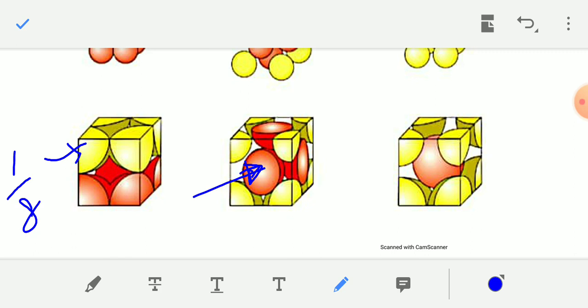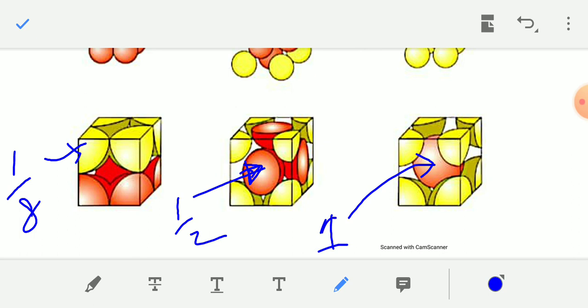So the contribution of each particle present at the center of each face to this unit cell is half. And the particle present within the body center of the unit cell is completely part of this unit cell, so the contribution is 1.